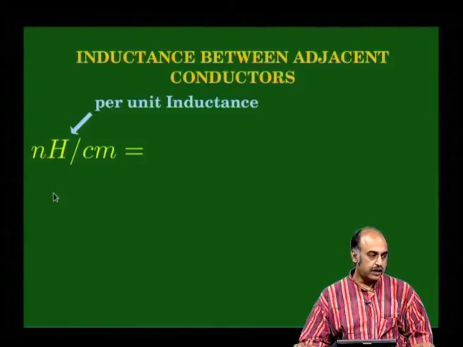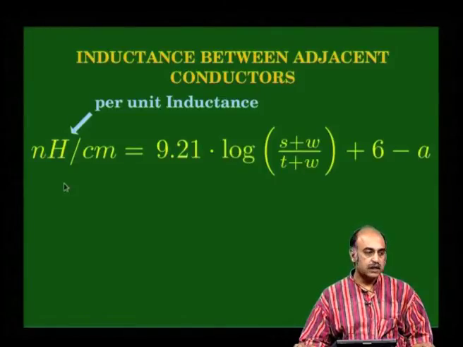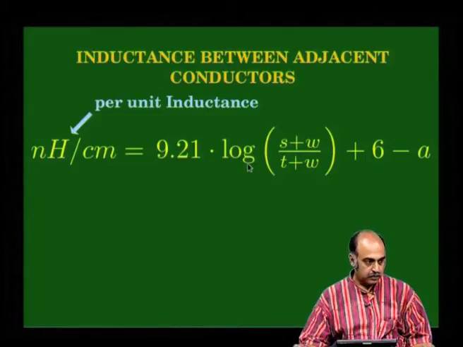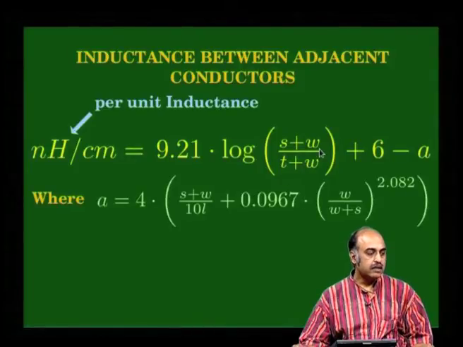The per unit inductance is given in terms of this empirical relationship: 9.21 into log base 10 of (S plus W) by (T by W), where T is the thickness of the laminate, plus 6 minus A, where A is given by another empirical relationship like this, where L again is the length of the track.